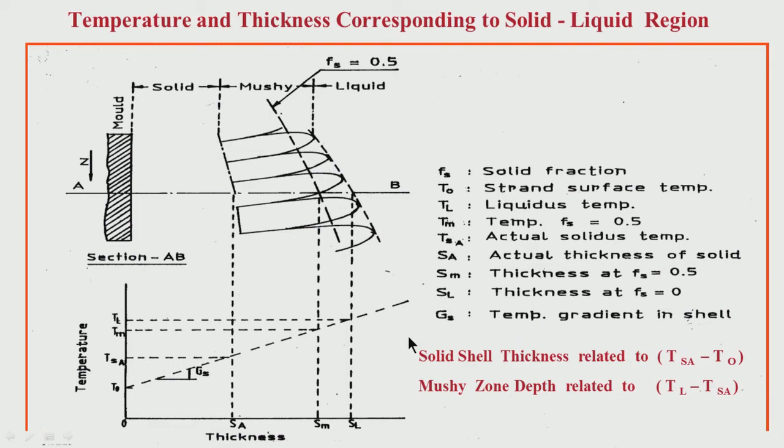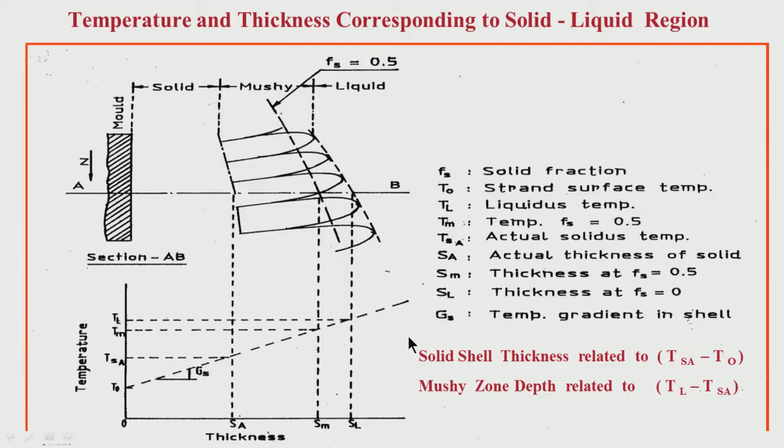So, this has implication on the strength of the strand, because a strand consists of solid and liquid during solidification. The strength of the strand is determined by how much solid is there and how much liquid is there.